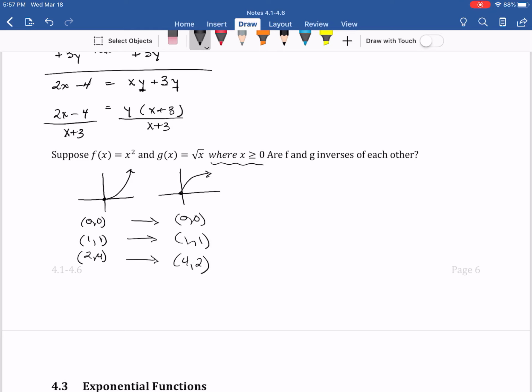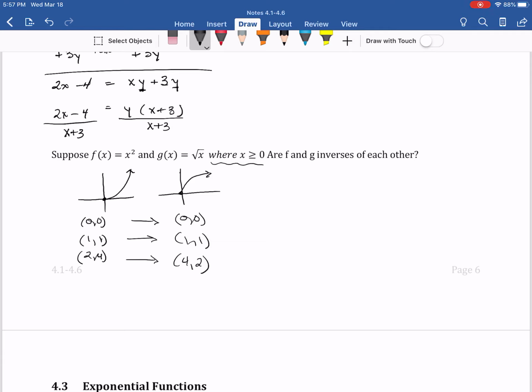Don't forget, you flip the order of the x and the y values to be the inverse. And if these points correspond to what the function g was defined to be, then we can, with pretty good confidence, say that our functions are inverses of each other.